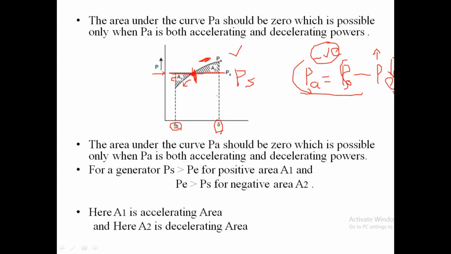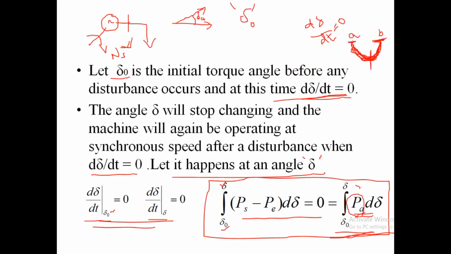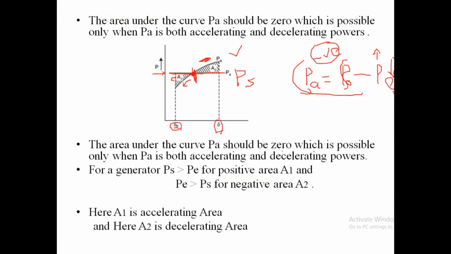A1 and A2 we are comparing in the stability analysis. In transient stability analysis, we are comparing these two areas, A1 and A2. Now, you have to note these points here. The area under the PA should be 0. From the previous point, we understood that this area should be 0. How does an area become 0?